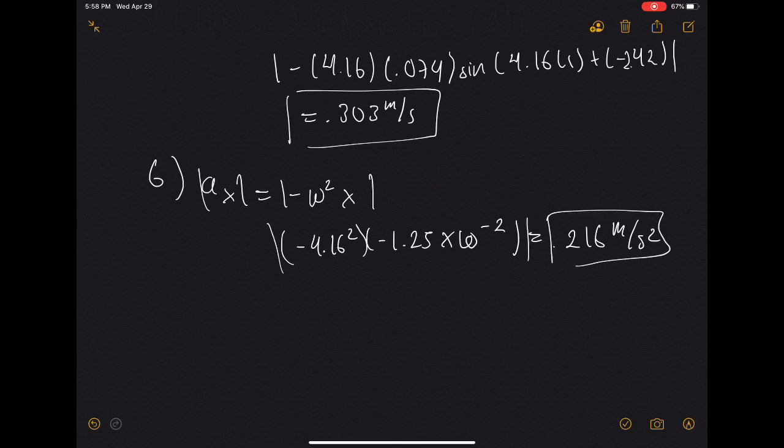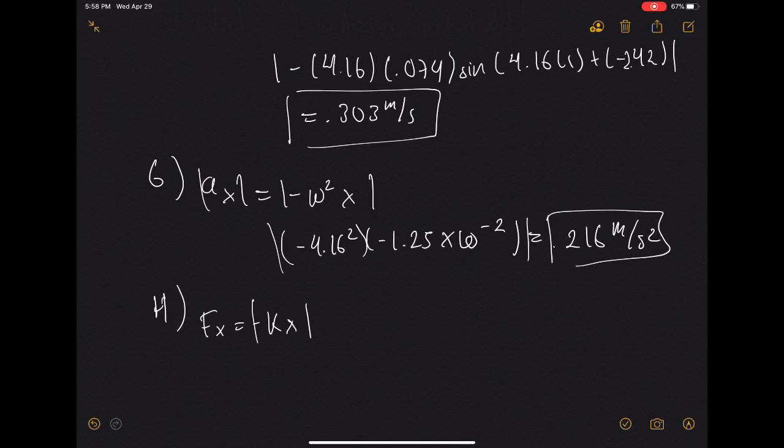And the last part is part H. For part H, we're gonna use this force formula, which is F x equals minus k x. Then the same thing as the other one, we're just gonna plug in for the magnitude of the force.